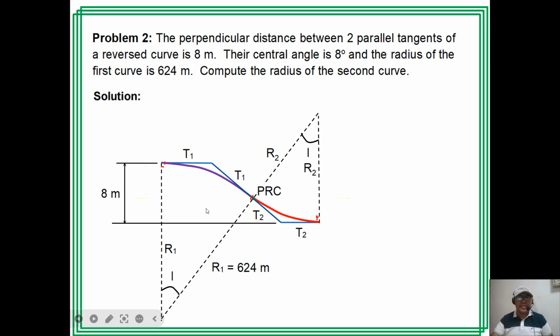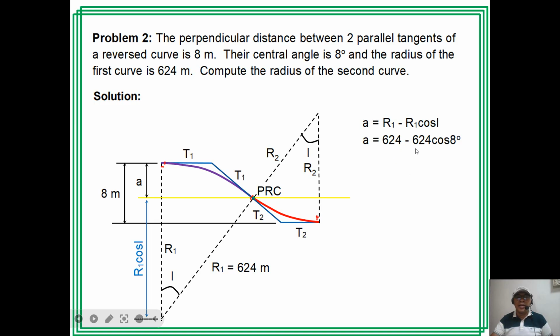So, we have this line here, the yellow line, passing through the PRC and parallel to the tangents. Then I will call this distance A. So if this is R1 and this is I, this length here is R1 cosine I. So from the figure, A is equal to R1 minus R1 cosine I. So 624 minus 624 cosine of 8, that is 6.07 meters.